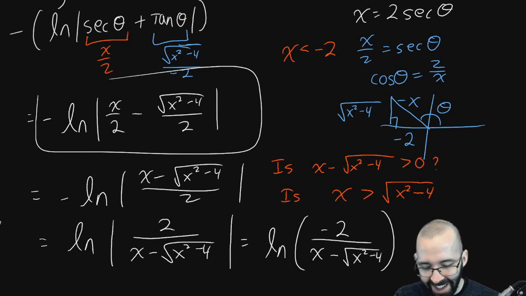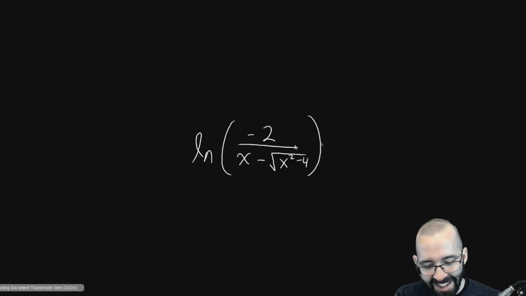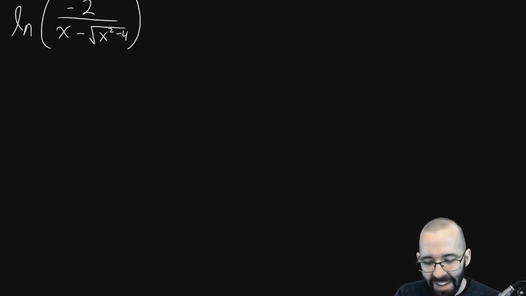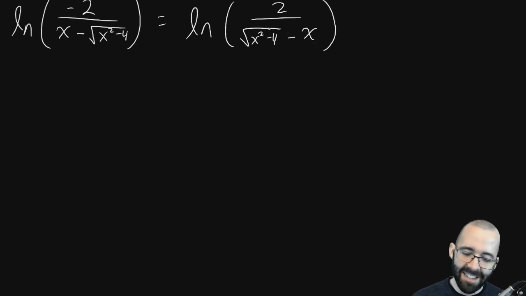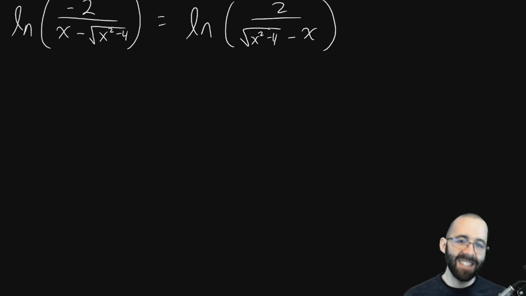Oh man, there's so many ways to simplify this. How exciting. Another way of writing that negative would be to write it as 2 over square root of x squared minus 4 minus x. And that's really nice. And then of course we could rationalize the denominator. If we rationalize the denominator, it looks a little nicer, but you don't have to.